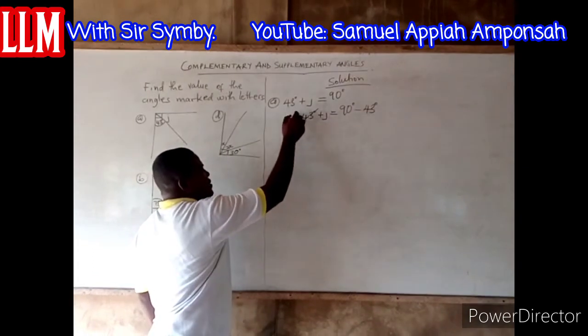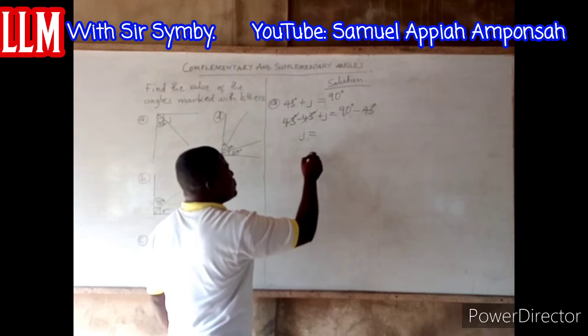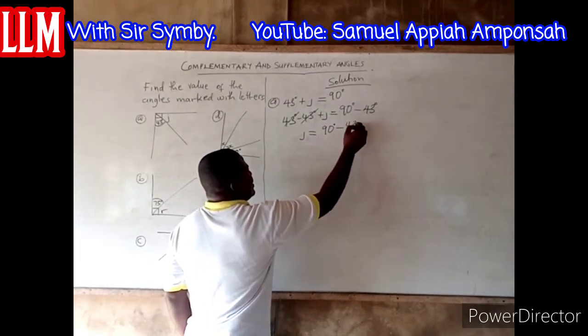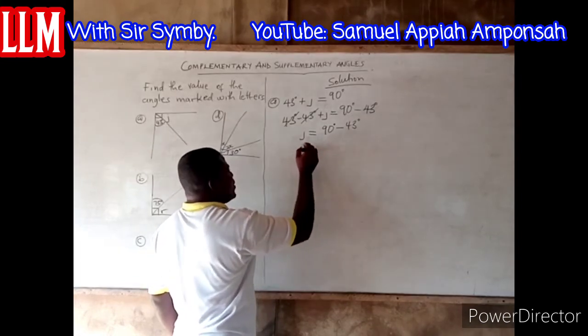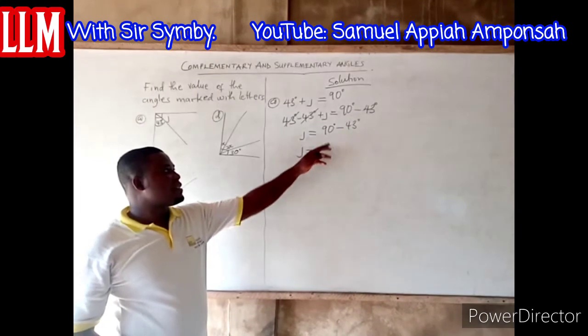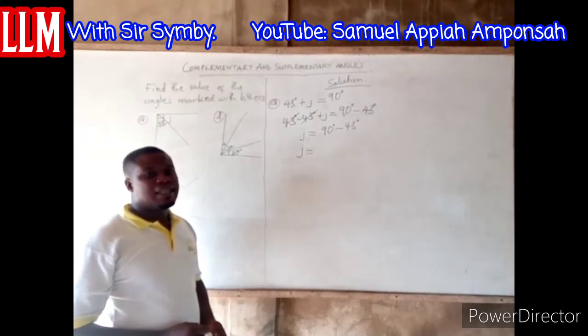So this 43 cancels this 43, and we have J is equal to 90 degrees minus 43 degrees. So what will be the value of angle J? Subtract 43 from 90, and that will give us the answer.